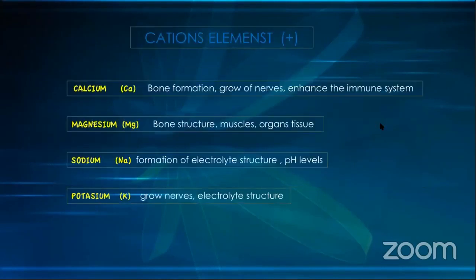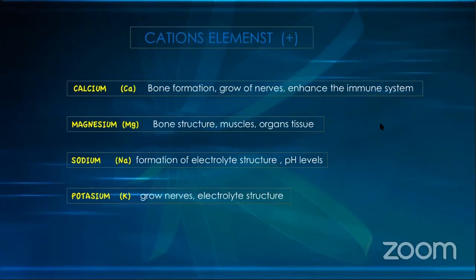Calcium is important for bone formation, for growing nerves, and to enhance the immune system. We're going to give you more information on how calcium works. So we're going to start making GANs of this as well. Not only the GANs of CH3, CO2, and copper oxide that you've been familiar with, but you will learn how to make GANs of everything.